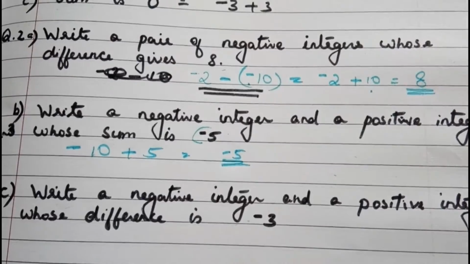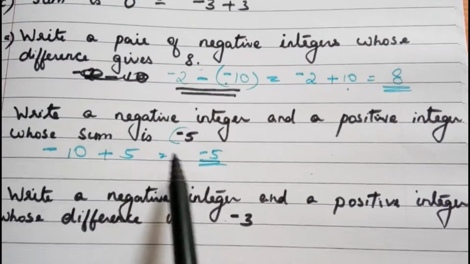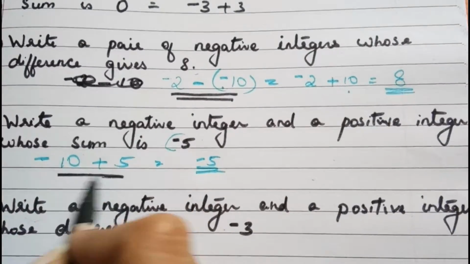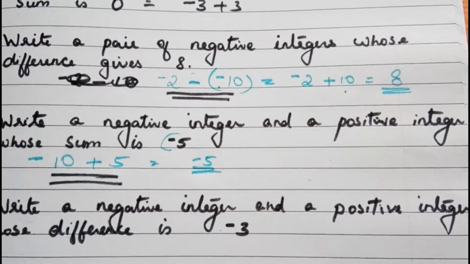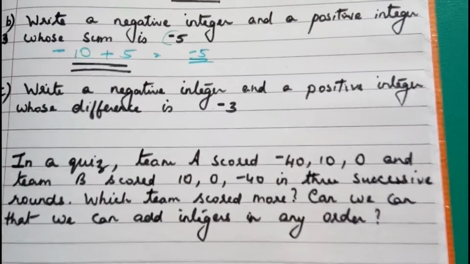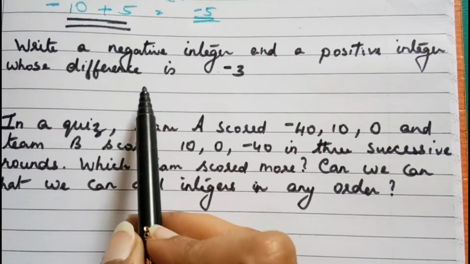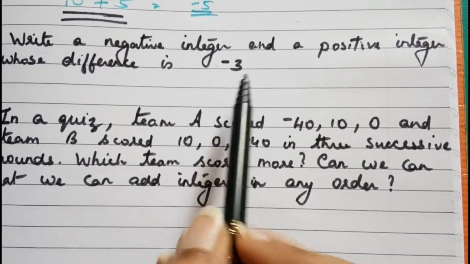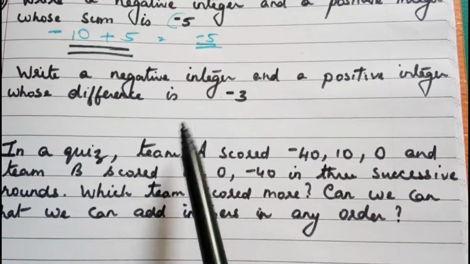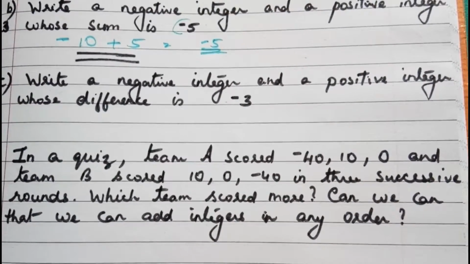So what is the answer for this one? Write a negative integer and a positive integer whose sum is minus 5. The answer would be minus 10 plus 5. Clear? Next question. Write a negative integer and a positive integer whose difference is minus 3. Earlier was the sum and now here is the difference. So what could be the answer?